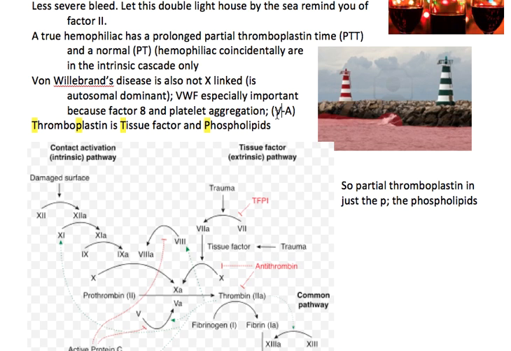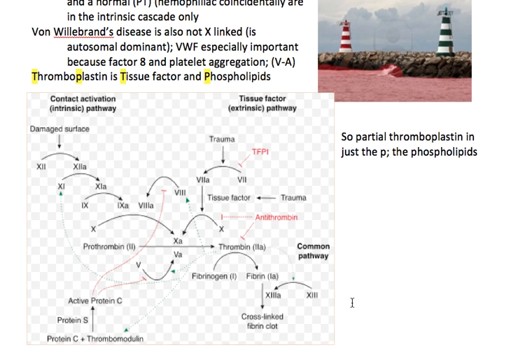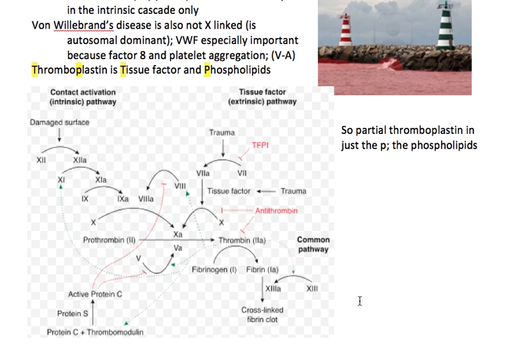You have to remember that it's going to look like an upside down A, and therefore be important for factor 8, AIGHT. And then also you might remember that it is important for getting the platelets ready to go and having them stick to the exposed collagen within this intrinsic pathway.